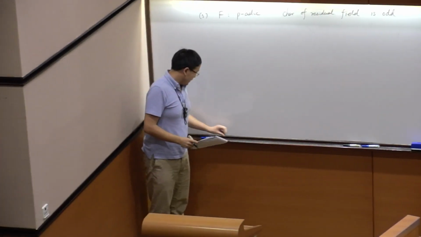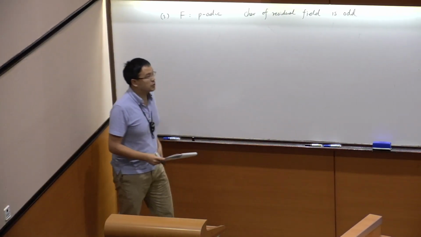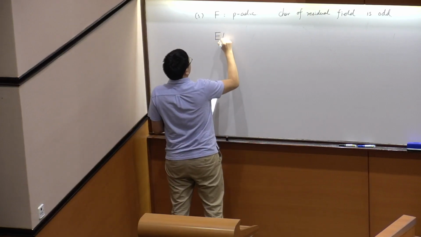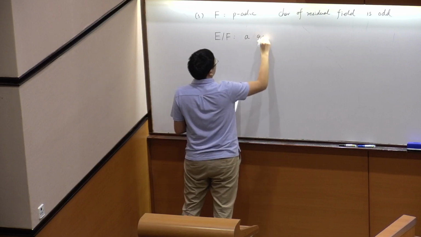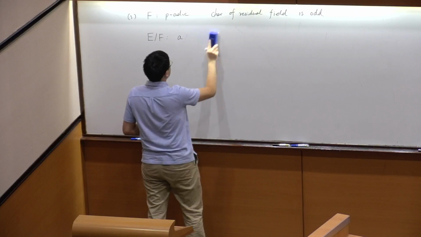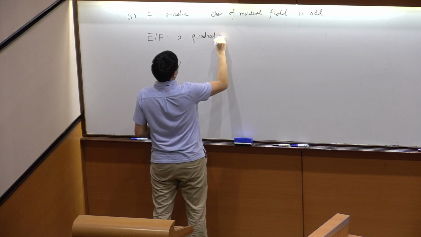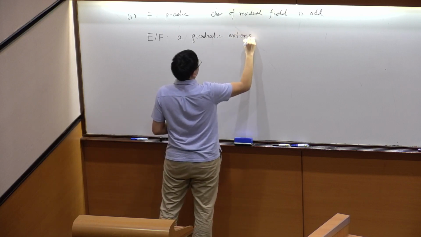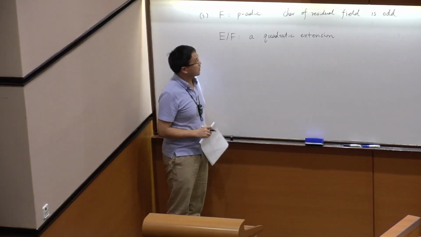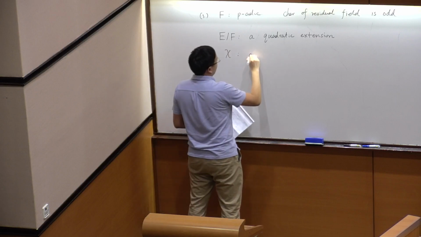Okay, and now let me introduce an admissible pair to parameterize those two-dimensional irreducible representations. I'm going to take E to be a quadratic extension over F. And chi is going to be a character of E cross.